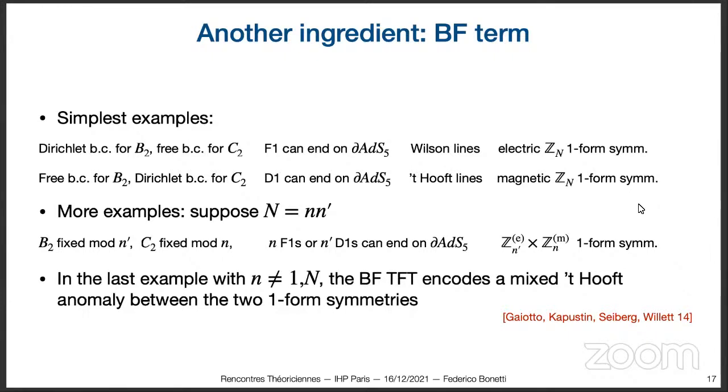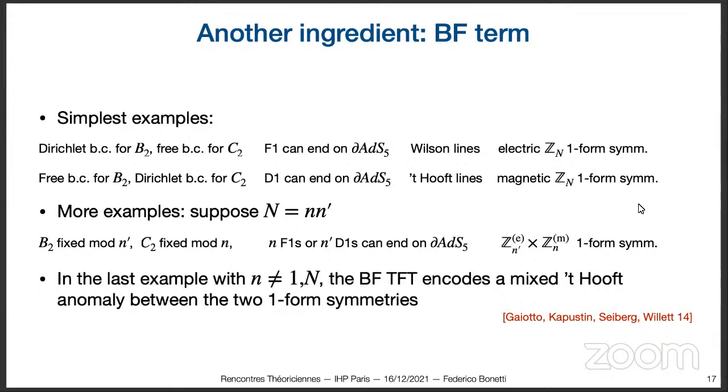And how do we see this from the point of view of the TFT? Well, in a sense, it's the BF term itself. So the purpose in life of the B2 wedge dC2 term is twofold. By a choice of boundary condition, it tells us what global one-form symmetry we are choosing, or if you prefer, what spectrum of line operators we are choosing.